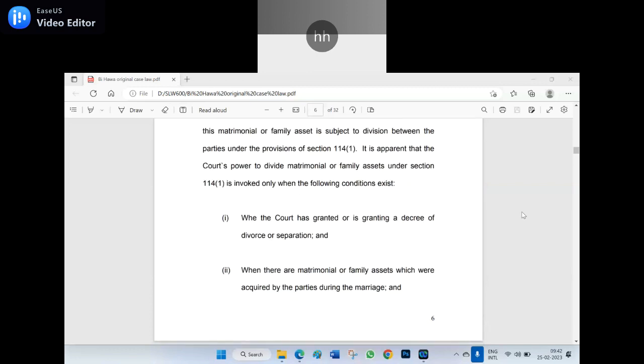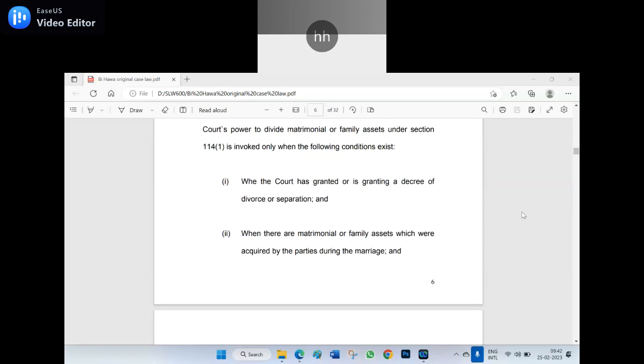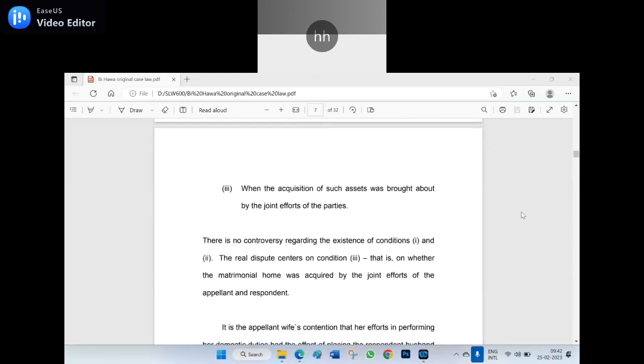And the court, when granting a decree of divorce or separation, where there are matrimonial or family assets which were acquired by the parties during the marriage, and when the acquisition of such assets was brought about by the joint efforts of the parties, of course he has a benefit. Whatever the assets before marriage, whatever the assets after marriage, and how the contribution of the wife would be there after the marriage.